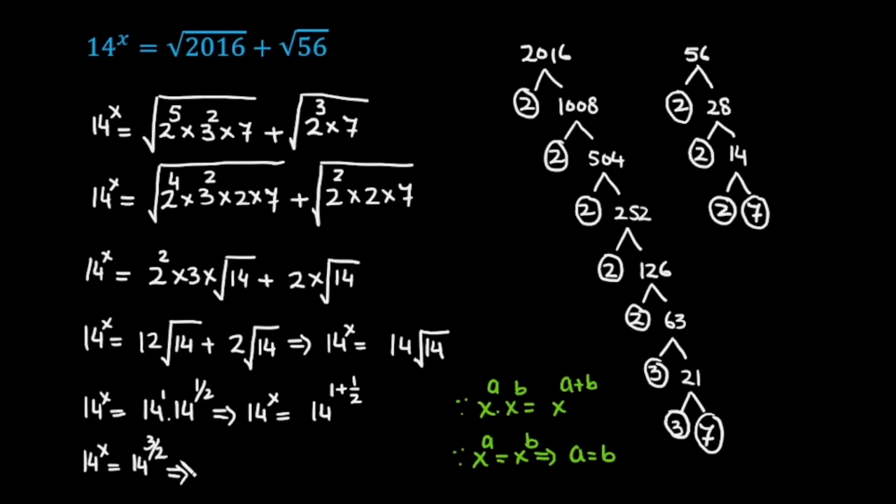So you can equate the exponents. So this is x equal to 3 over 2. This is my answer, x equal to 3 over 2. I hope you like this video. Thanks for watching.